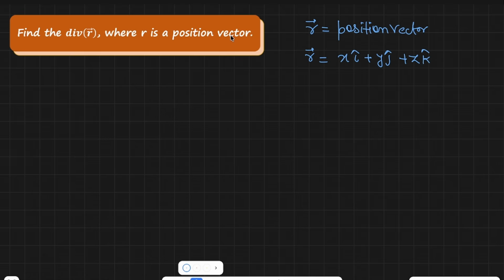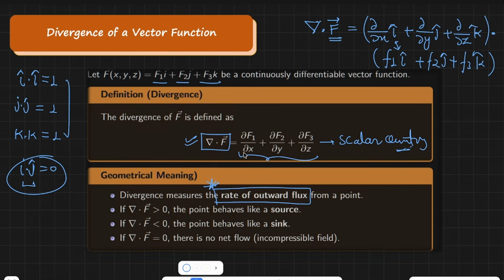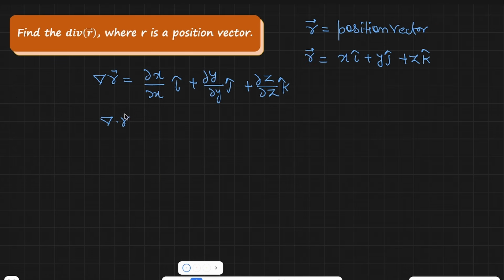When I apply this, the divergence of r vector is nothing but, here f1 is x, so dou x by dou x, plus dou y by dou y, plus dou z by dou z, because the formula is dou f1 by dou x, dou f2 by dou y and dou f3 by dou z. Then this dot product called divergence will be 1 plus 1 plus 1. This is the divergence of the position vector.